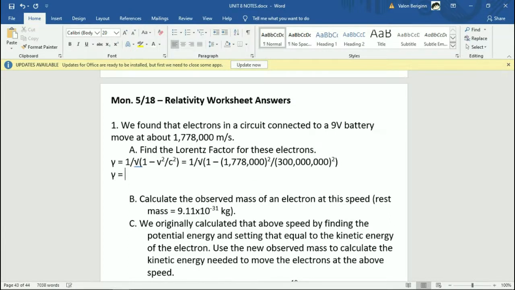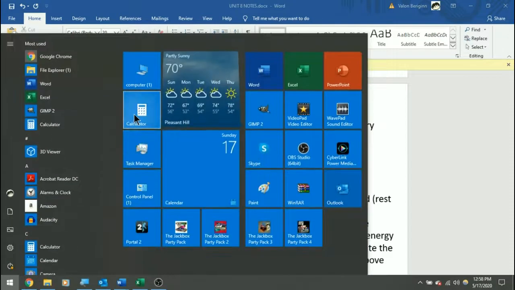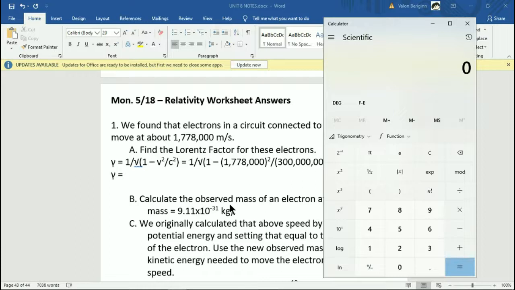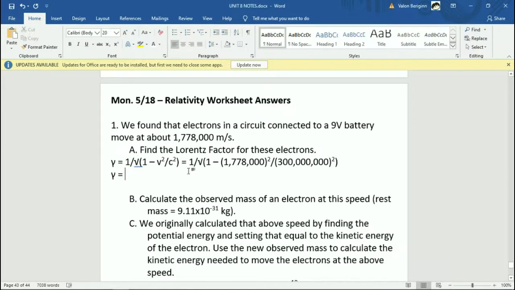All right, let's get out the calculator. 1,778,123 squared is 3.161 times 10 to the 12.